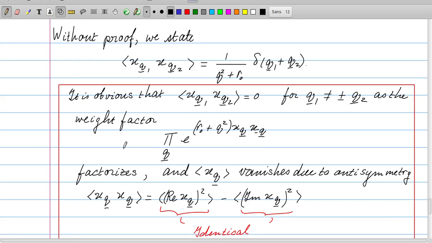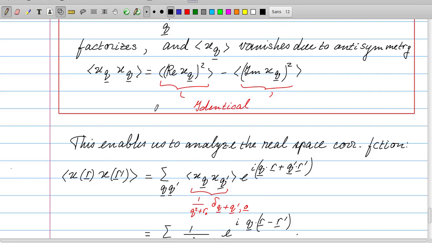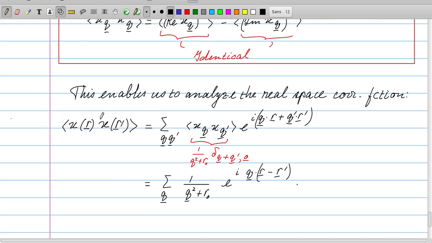So what then about the correlation functions in real space? We can calculate those from the Fourier transforms. So if we take xr times xr primed and want to know the expectation value, the r and the r primed are positions. Previously we called those i and j, but here I want to have a more natural notation in view of the Fourier transform.